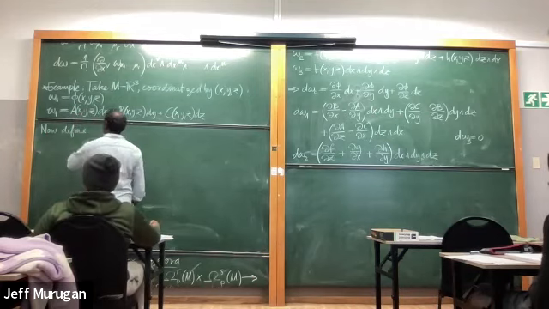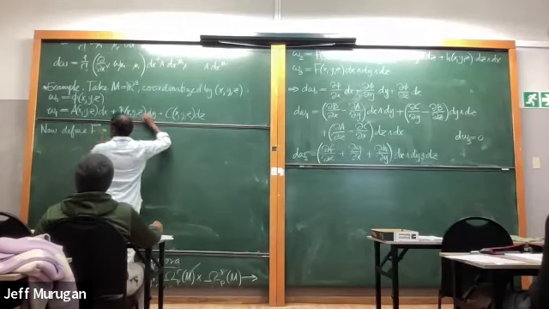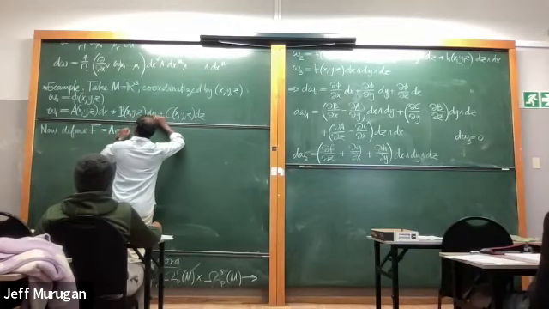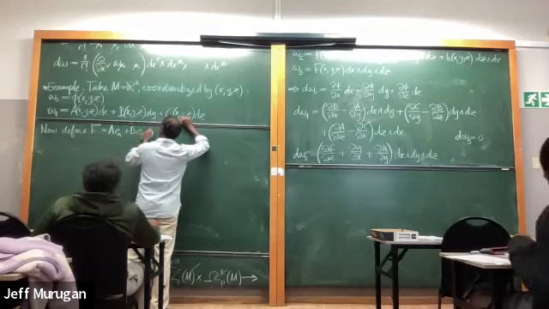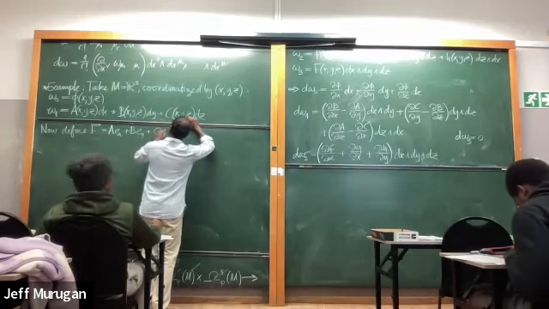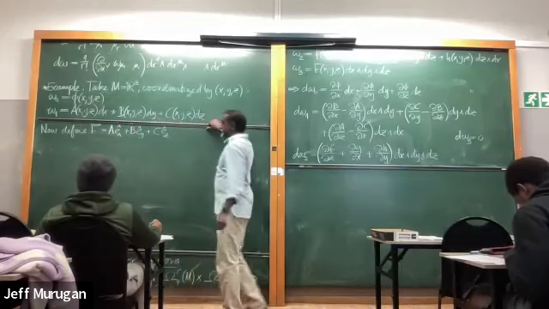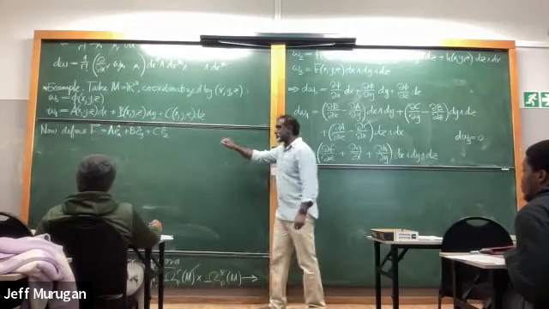We're going to define the vector F to be a vector with components A, B, and C in the X, Y, and Z directions respectively, and by A, B, and C, I mean those functions.